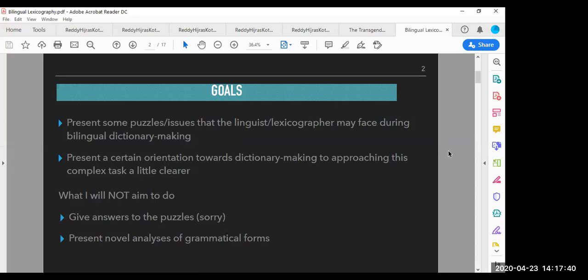So they're not answers to the puzzles, but just ways to think about the puzzles. And I'm also not going to present any novel analysis of grammatical forms. So I'm not going to present any new ways of analyzing languages. It's more about how you apply whatever analysis you already have of a language, whatever understanding you have as a linguist of certain languages.